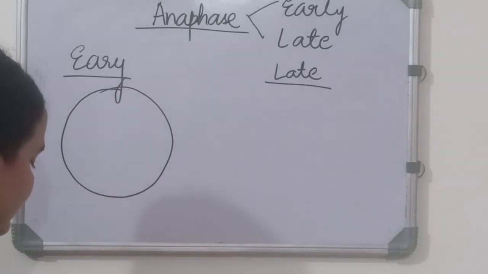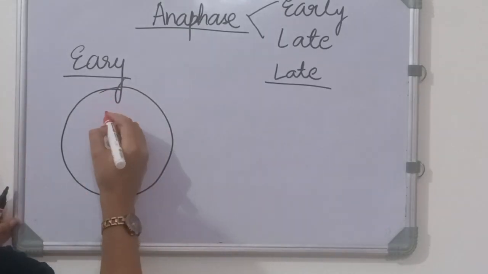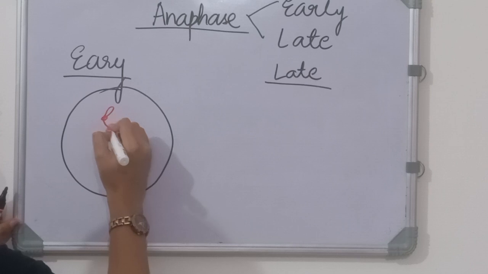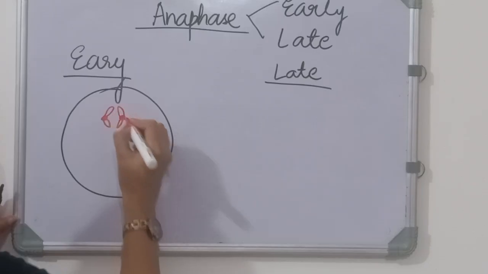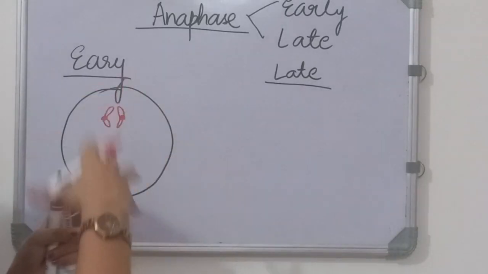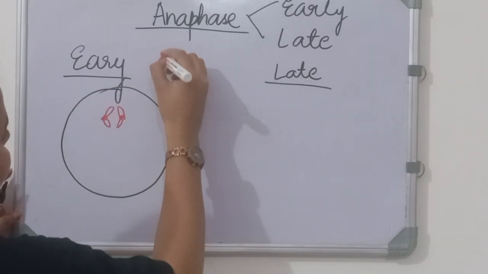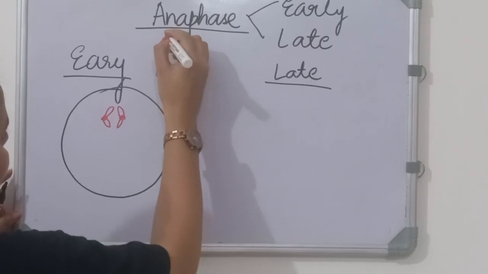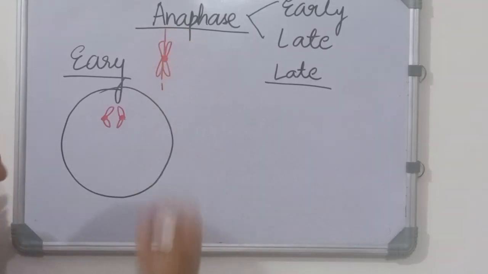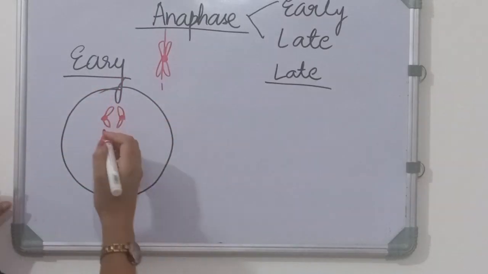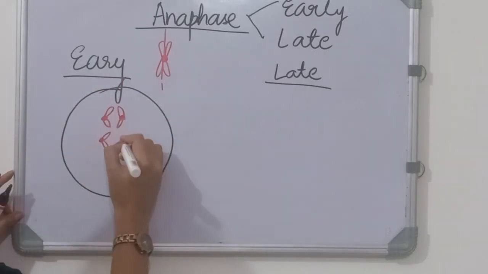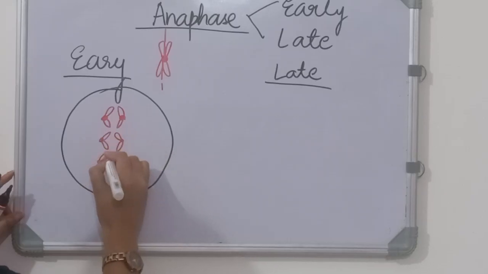Now this is the centromere containing one set of chromatid, because it has split from the center. Suppose this was our chromosome. From the center it has divided, and so the sister chromatids have separated. And they look like this.